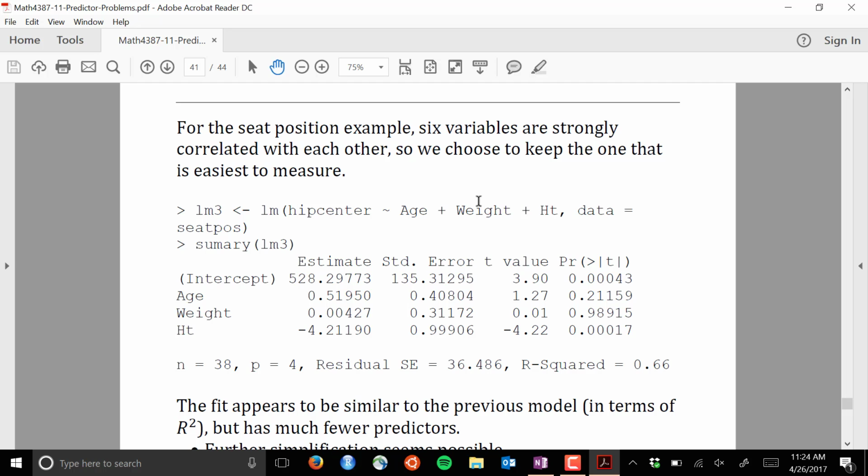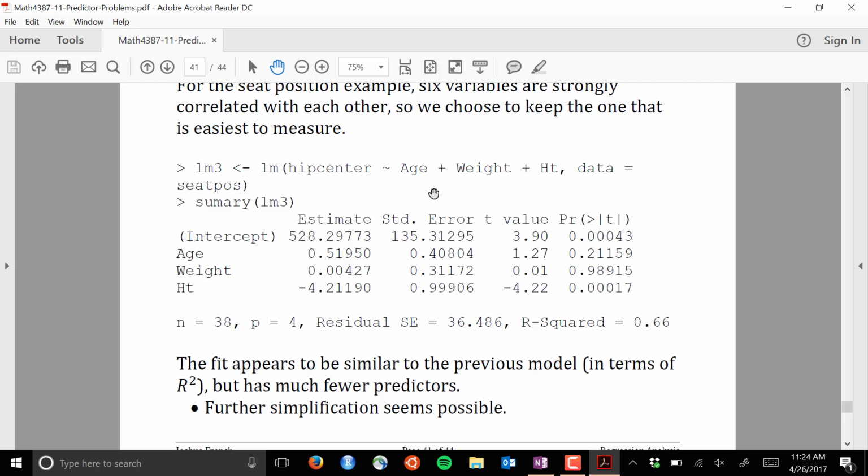So as we're finishing up here, I just want to show you what we can do as we remove collinear regressors. What I've done here is I've removed several of the regressors, not just height shoes and the arm length, but actually some of the others. But I'm regressing hip center on age, weight, and height. And you can see that after doing that, not all of my regressors are still significant.